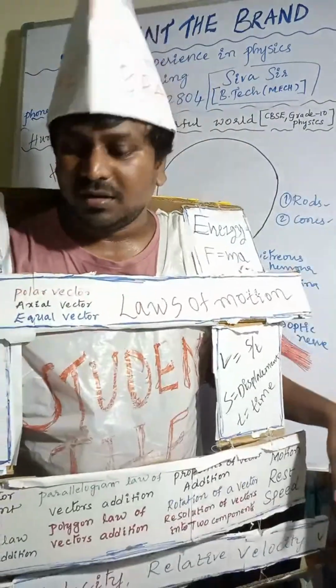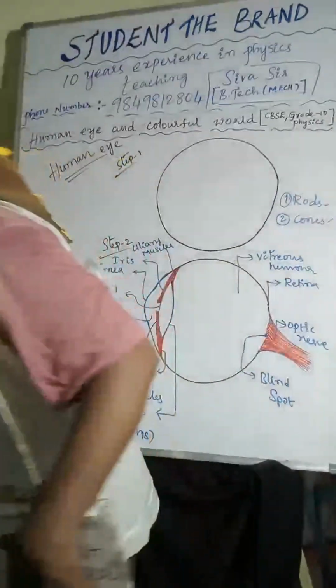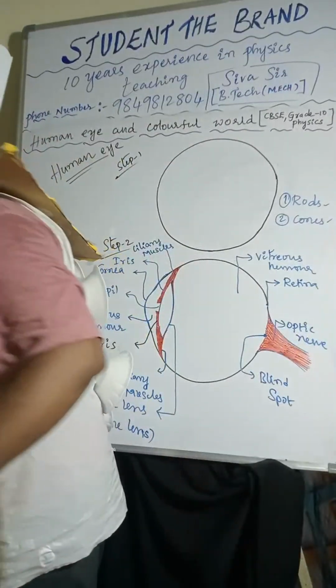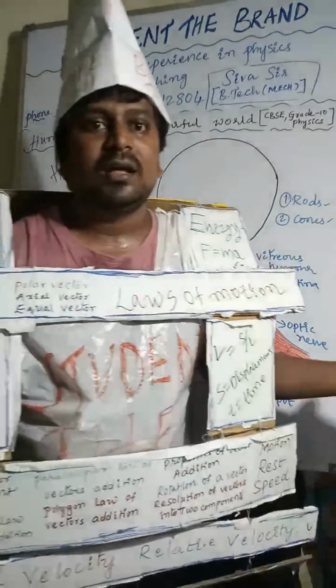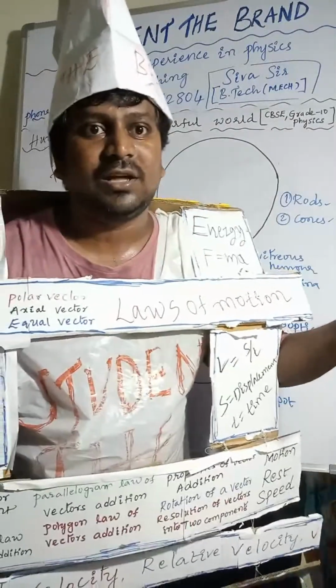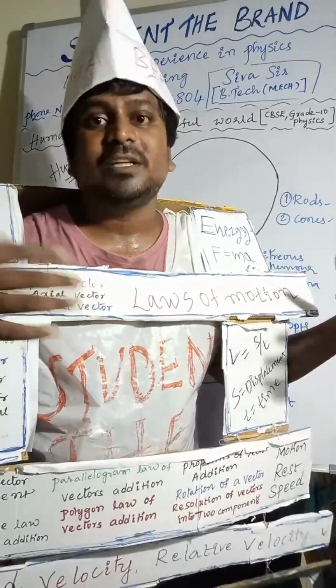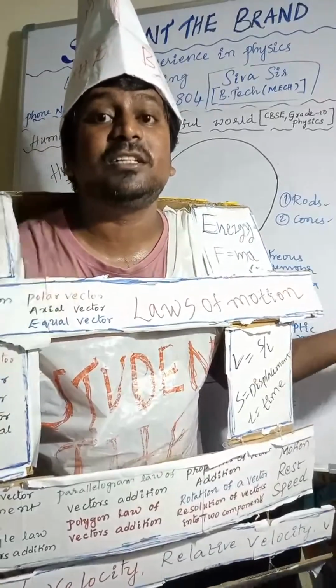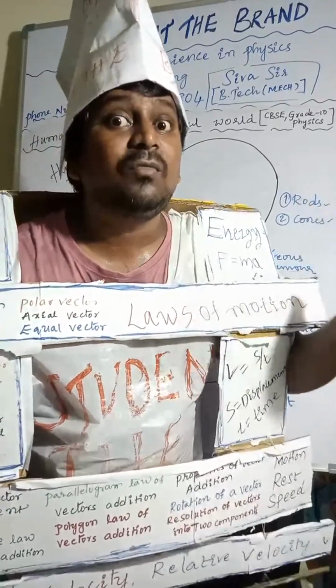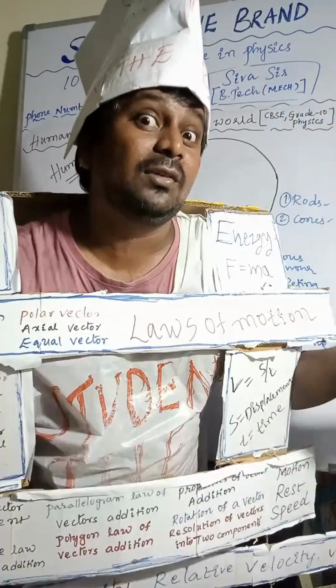If you are taking water, how much depth it is, how much width it is, how much distance it is. The brain will give the additional information.